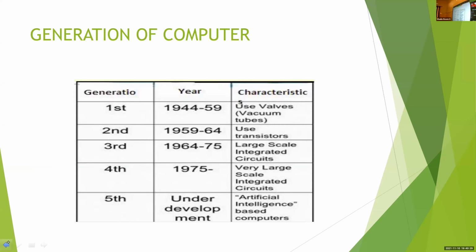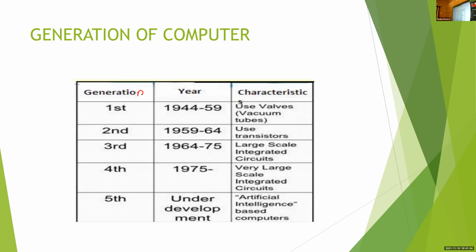Generation of computer, there are 5 generations, and you will discuss all these topics and some examples based on the textbook. This is just a summary of this generation. I'll give the correct topics related with this generation for you.